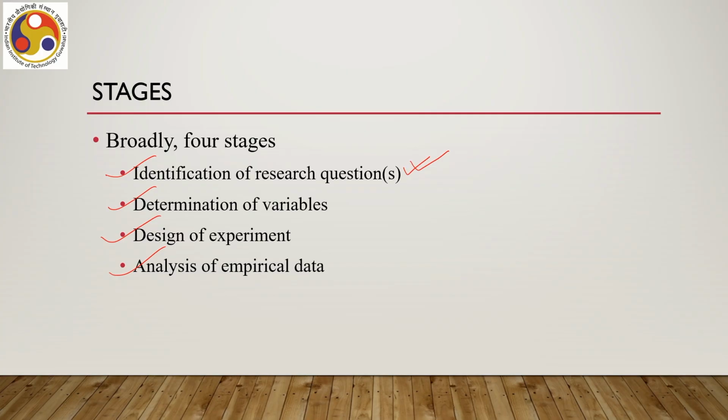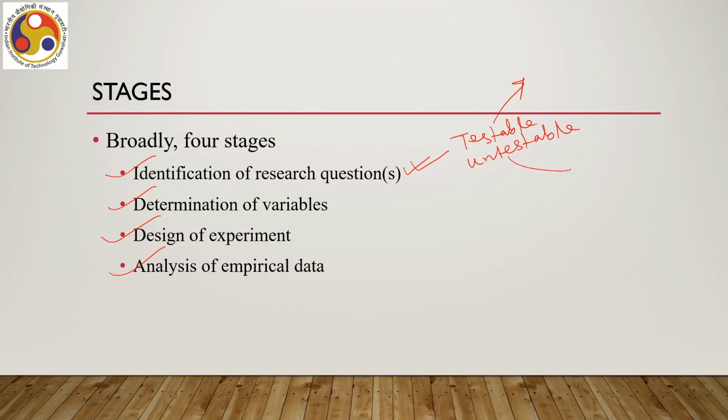Now, there are 2 types of questions, if you may recollect. One is testable, other is untestable. Testable questions are specific in nature. The answers to those questions do not generally give us a conclusion about the overall usability of the system, the generalizability of the answer, whereas untestable are the more generic form.